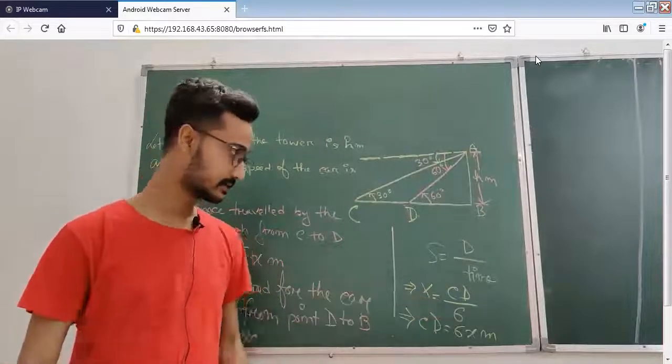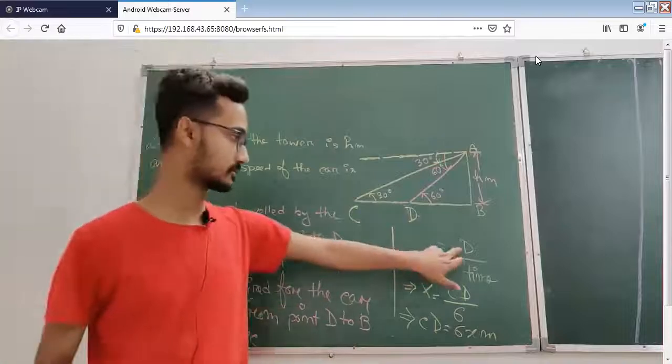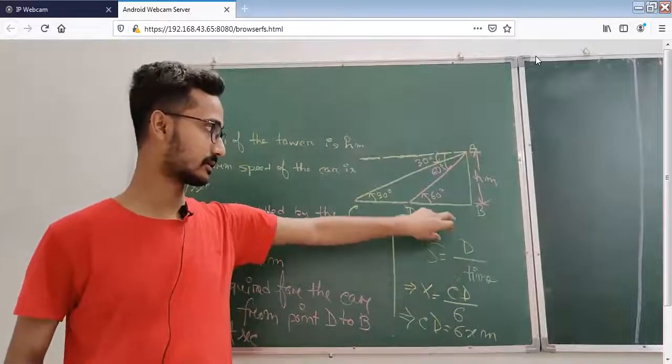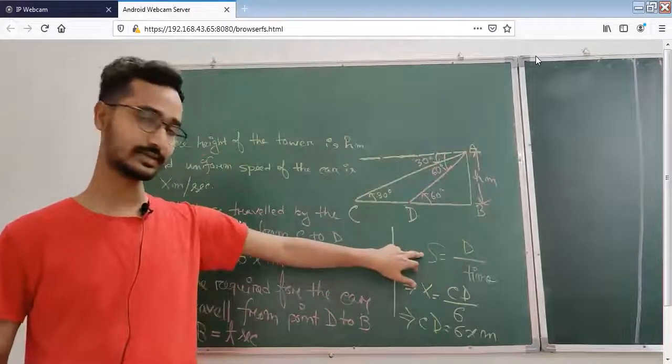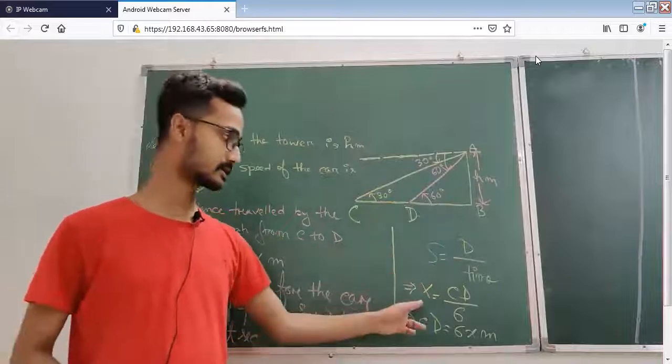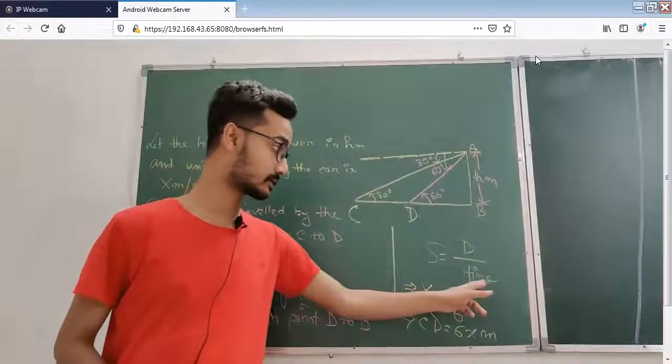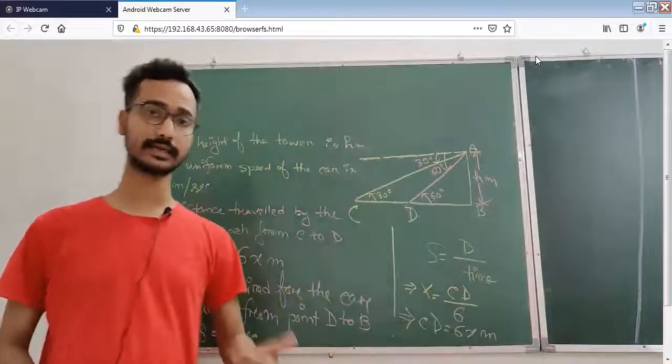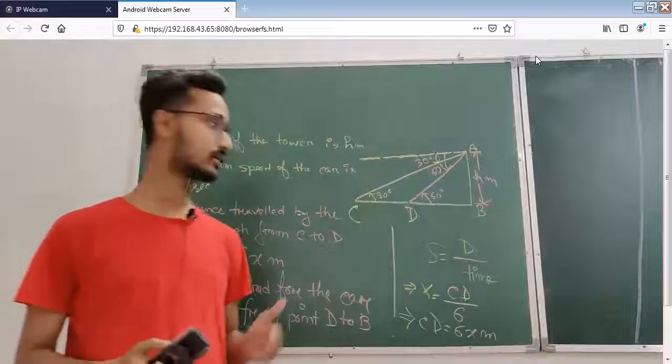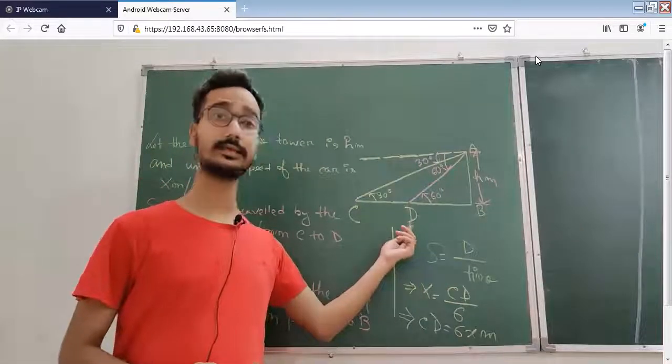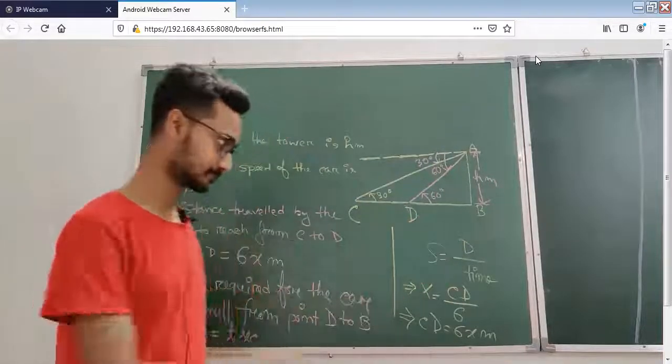Now here, in place of distance, you have to write BD. In place of speed, it will remain the same, x meter per second. In place of time, you have to put t second, because we let the time required for the car to move from D to point B be t second.